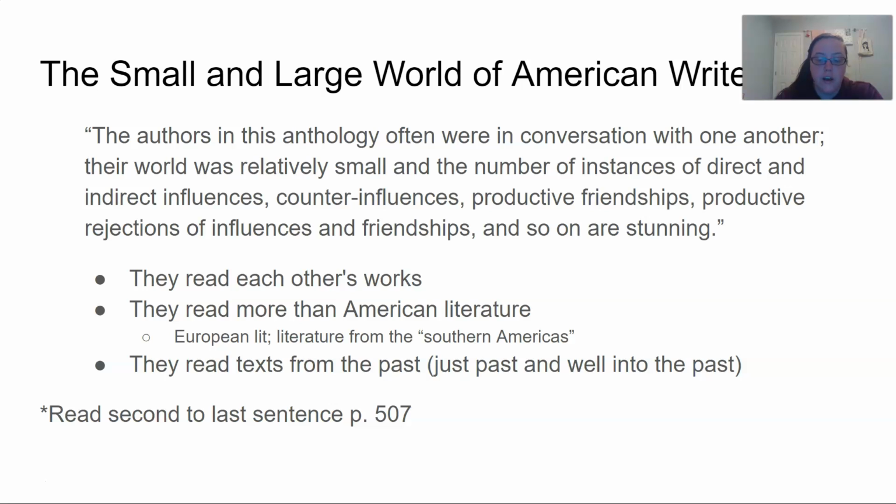They're reading things that we have read in this class, but they're also reading things as far back as ancient Greek writings, things that you would maybe have read in high school or something like that. Definitely Shakespeare and the Iliad, the Odyssey, like all of those great texts. So they're not by themselves.